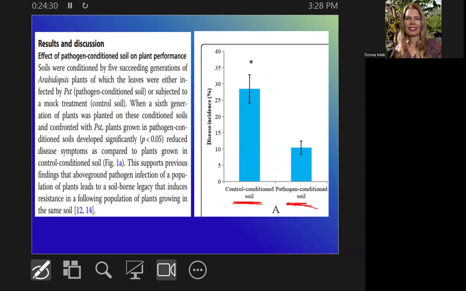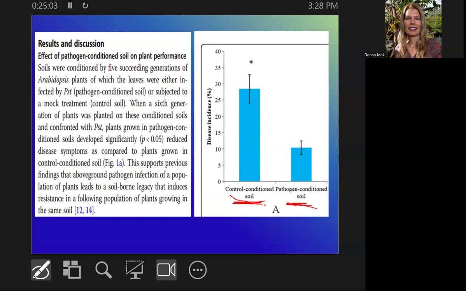When that 6th group of Arabidopsis got put into those conditioned soils, the control that had no Pseudomonas involved in those plants at all, you can see they had high disease incidence because they were in a soil system that was not conditioned by plants growing with the Pseudomonas. So now they're at risk.